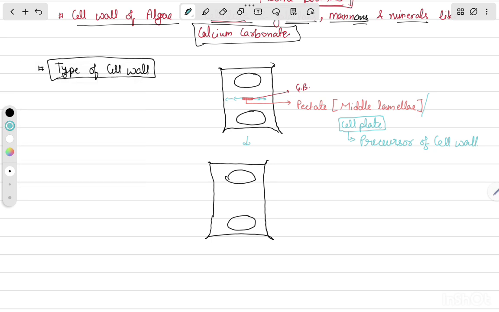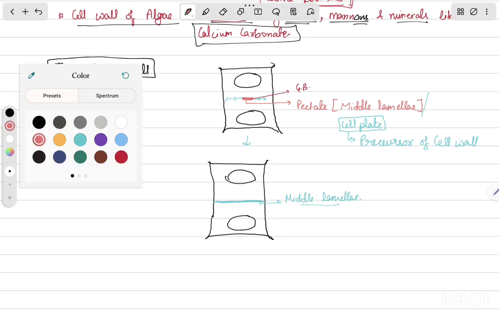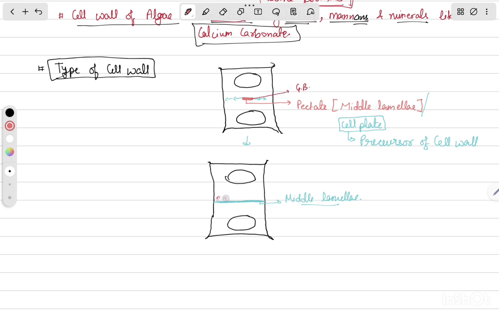Suppose there is deposition of middle lamella. Now, this middle lamella will form a layer on both the sides, toward this side and this side.